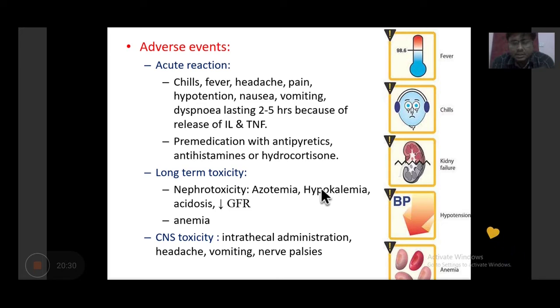Apart from this nephrotoxicity and acute reaction, CNS toxicity is very well evident with the intrathecal use of amphotericin, which leads to headache, vomiting, and nerve palsies, which is very rare but is there. And then hepatotoxicity, because it is metabolized in the liver, so rarely it can lead to hepatotoxicity as well.